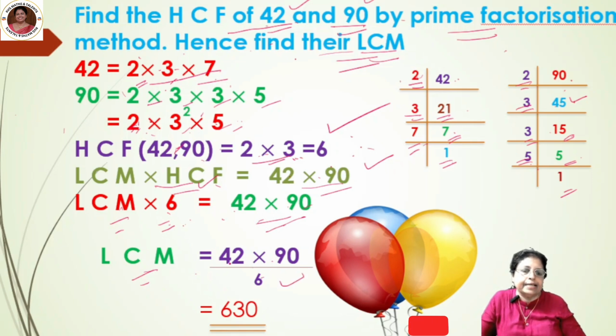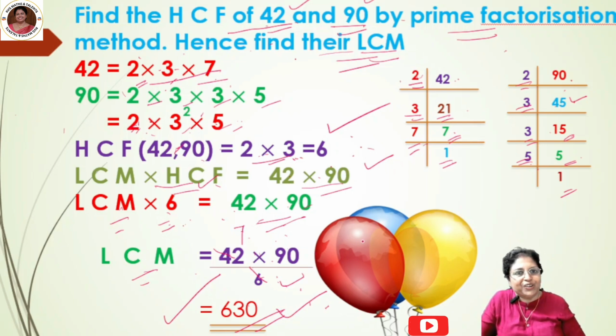You take this 6 to this side, then you divide it by 6. Okay. Then 6 and 42, that is 7. Then 7 9s are 63. Then 630 is the answer. 7 times 90 is 630. So LCM is 630 here.